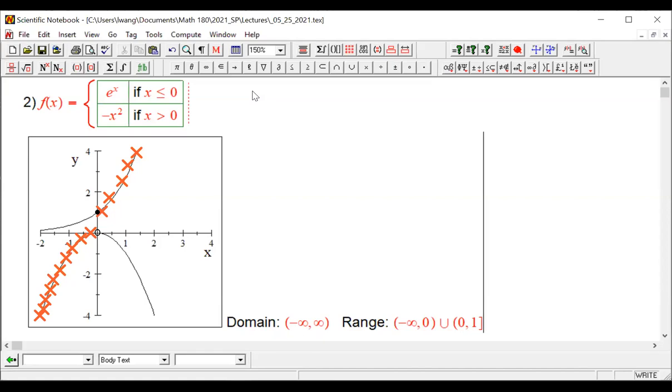49B is a reversal of this. You're given the graph and asked to identify the function itself. If you like, we can talk about this tomorrow.